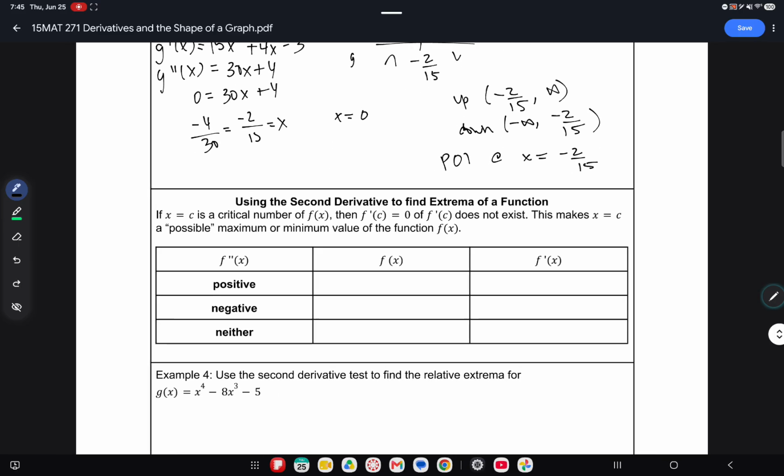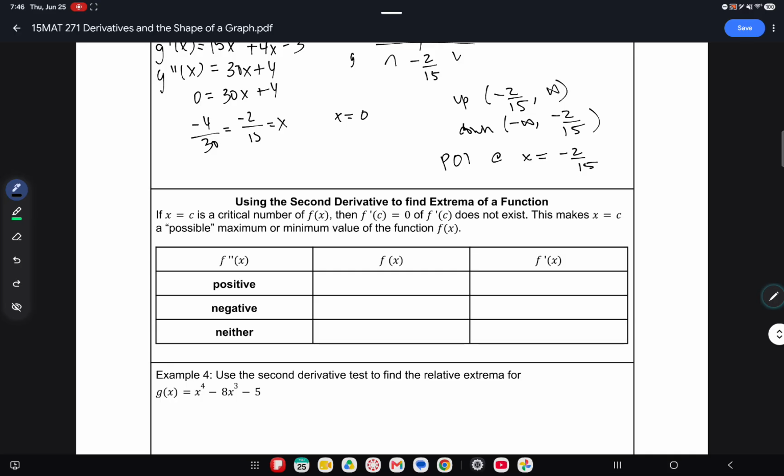All right, so using the second derivative to find the extrema. So if x equals c is a critical number of the function, then f prime of c equals 0, or f prime of c doesn't exist. So this makes x equals c a possible maximum or minimum. We're just testing the values.